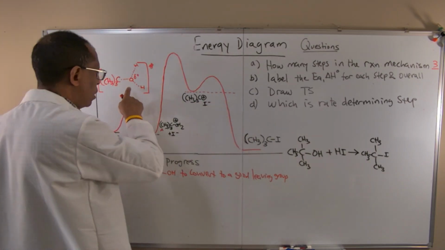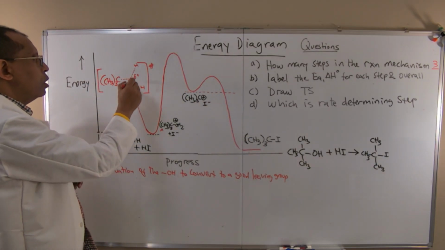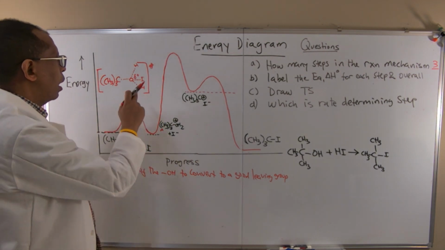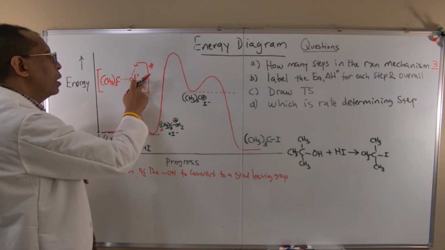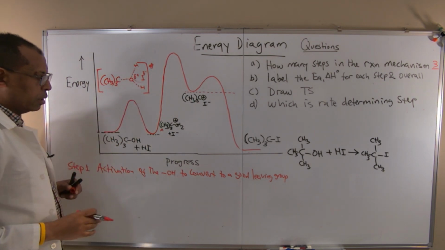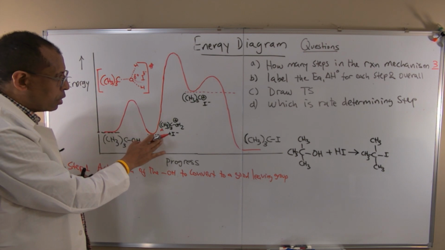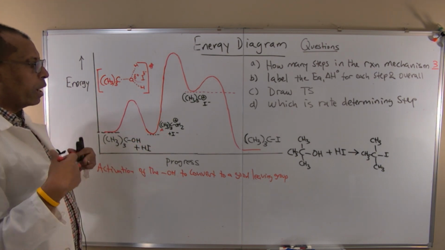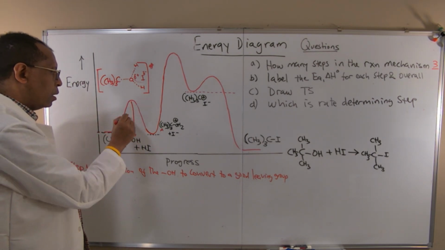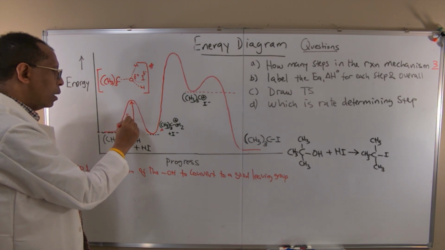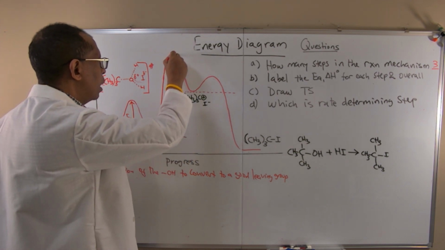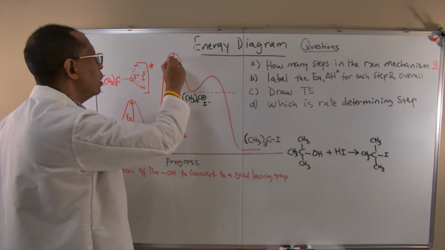So once you have that, the dissociation happens. The I would leave, so the I is still around, stabilizing this, so I sigma negative. So it is this transition state. Now we have this intermediate, which also needs to be activated. So this involves its own activation energy, EA1, I would say. It takes this much activation energy, EA2.